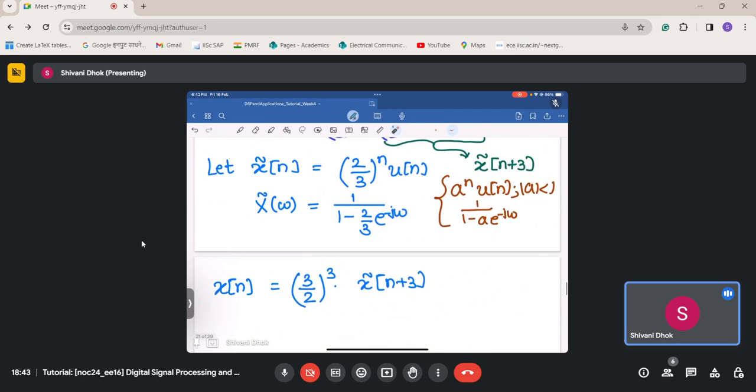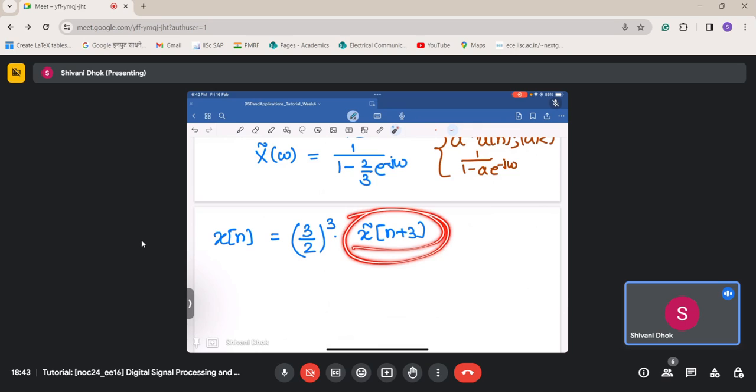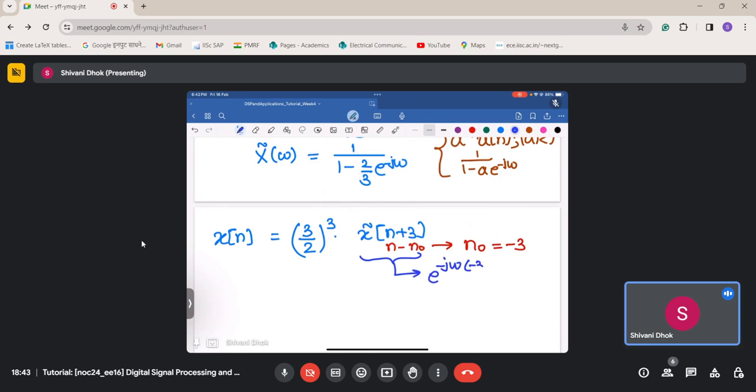Applying this property here, if I compare with n minus n naught, then n naught is equal to minus 3. So the DTFT of this quantity will be e power minus j omega n naught, which is minus 3, into x tilde of omega.